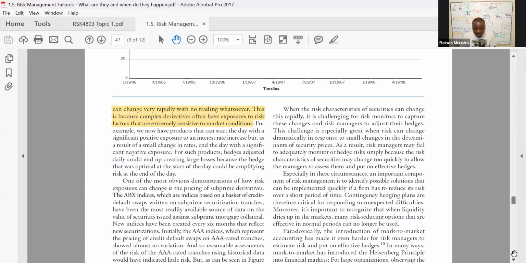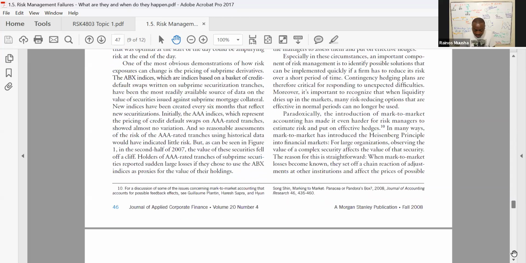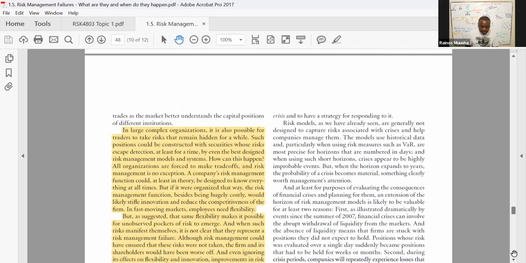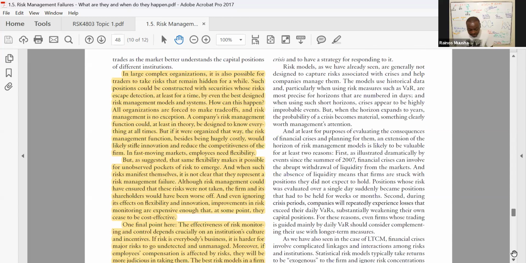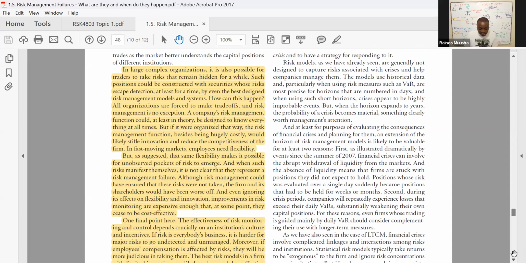And this is because complex derivatives have exposures to risk factors that are extremely sensitive to market conditions, because you can wake up and start a day, everything is normal in a financial firm, but if things change during the course of the day, there are going to be drastic changes as well. So in large complex organizations, it is also possible for traders to take risks that remain hidden for a while. Such positions could be constructed with securities whose risk escapes detection, at least for a time, by even the best designed risk management models and systems.